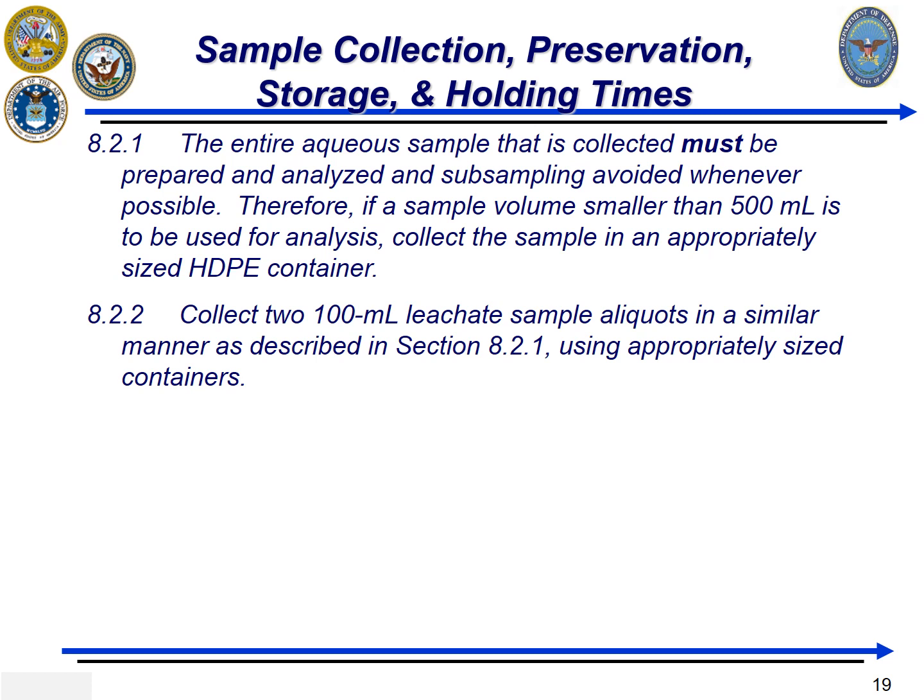Therefore, if a sample volume smaller than 500 milliliters is to be used for analysis, that smaller volume should be collected in the appropriately sized HDPE container. Section 8.2.2 states to collect 2 100 milliliter samples for leachate samples in a similar manner as described in section 8.2.1 using appropriately sized containers.